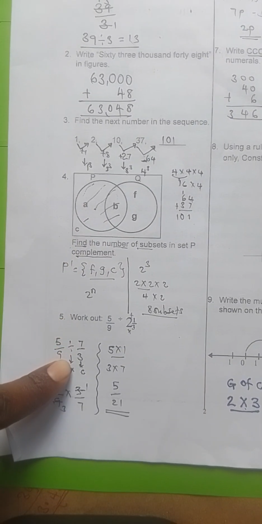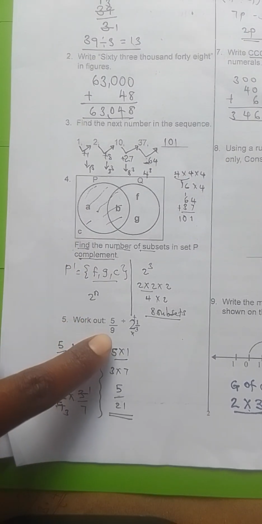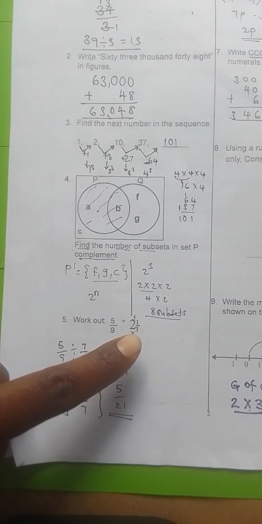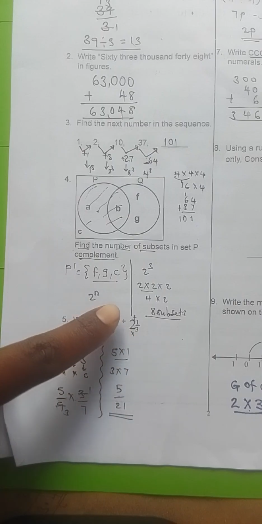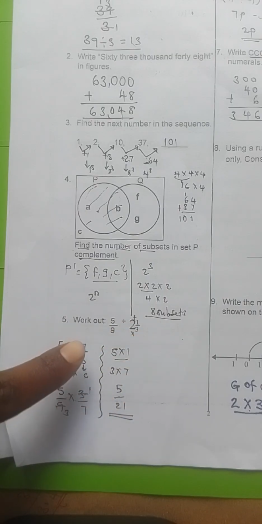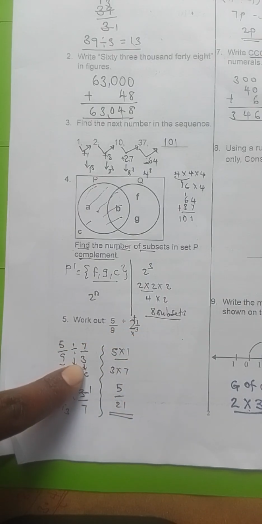Let's look at number 5. We are asked to work out 5 over 9 divided by 2 and 1 over 3. Here I converted the mixed fraction to an improper fraction by multiplying down and adding up, which is 3 times 2 plus 1. That gives me 7 over 3.